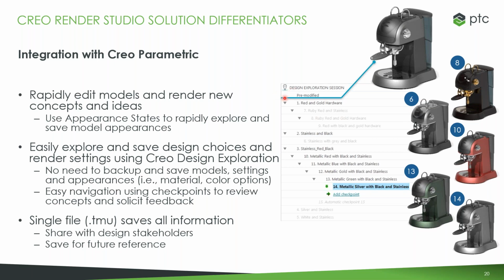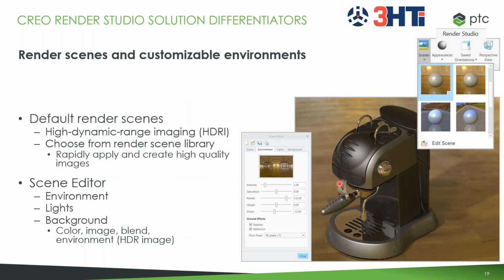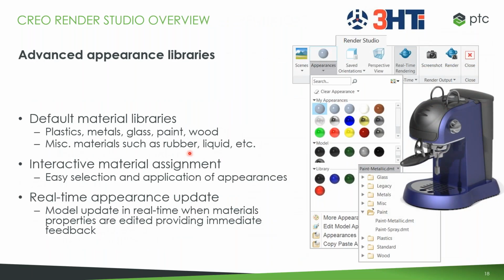As you see here, we can use this to create a design exploration session around our different renderings and different materials and finishes, and very quickly go back and forth and be able to view all of them. So this Render Studio that's in Creo is basically powered by Keyshot. It has a lot of great capabilities. It's not as robust as a standalone license of Keyshot, but there's a lot you can do with it.